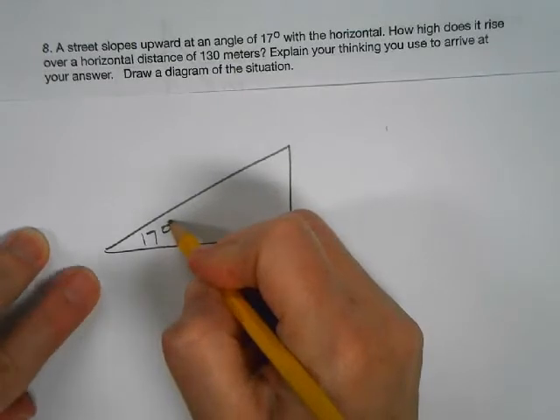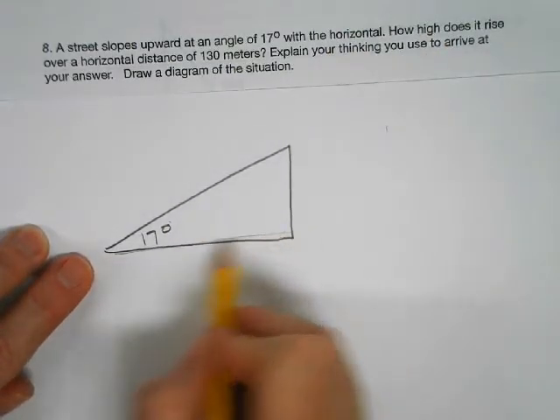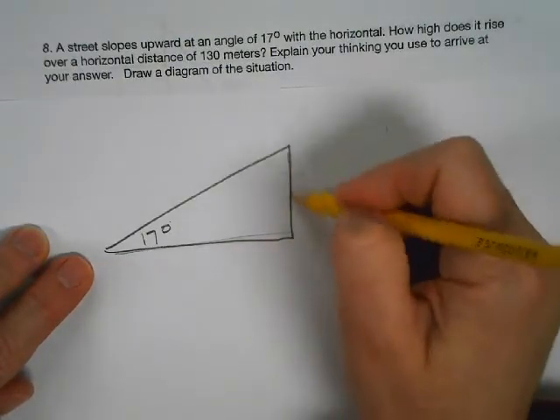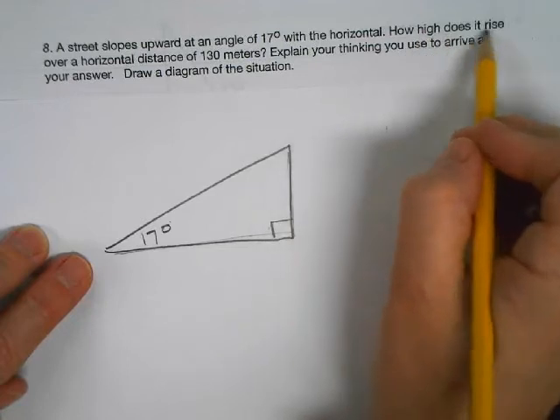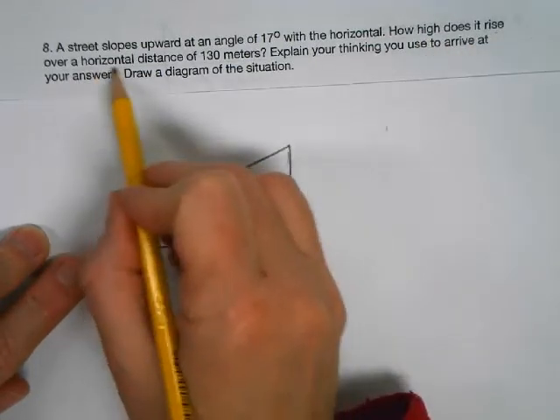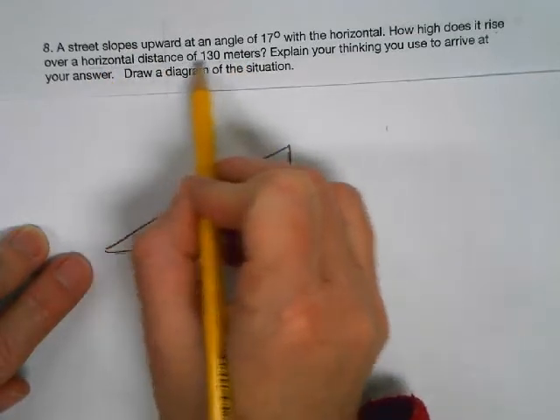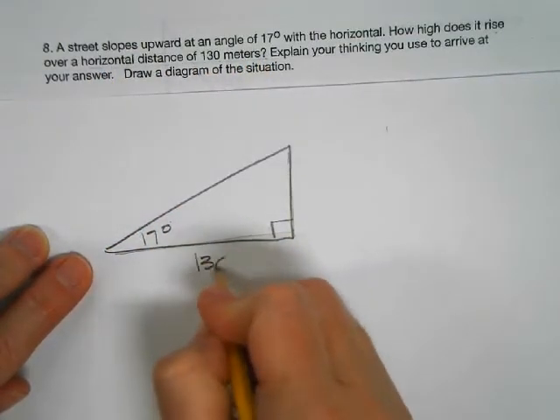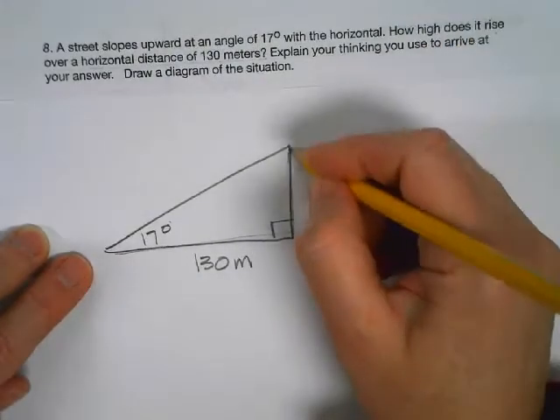Here's your angle, your reference angle. How high, remember horizontal, this is horizontal, this would be vertical. And let's put our right angle in there. How high does it rise over a horizontal distance of 130 meters? So they're giving us the horizontal distance is 130 meters, and we want to know the vertical change.